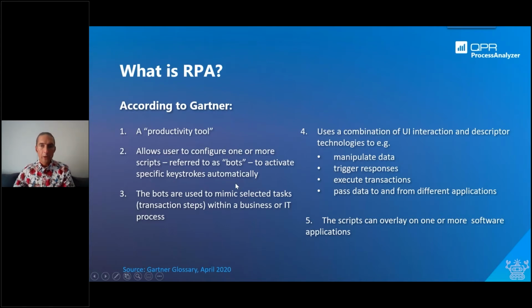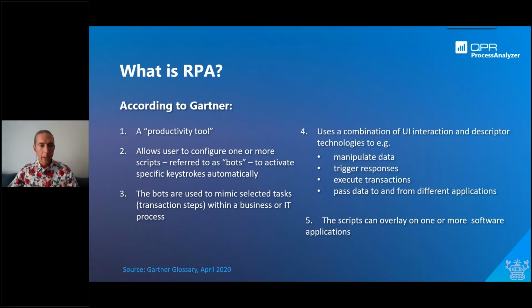RPA bots are actually doing the tasks within a big process. So a process is something end to end, and it consists of individual tasks. And now robotic process automation is actually automating the individual tasks within the processes. And there are many things that RPA bots can do. They can manipulate, they can execute transactions, they can copy something from one system to another system.